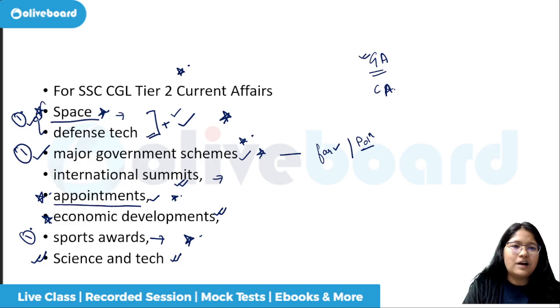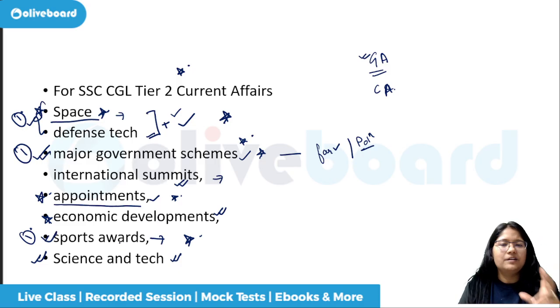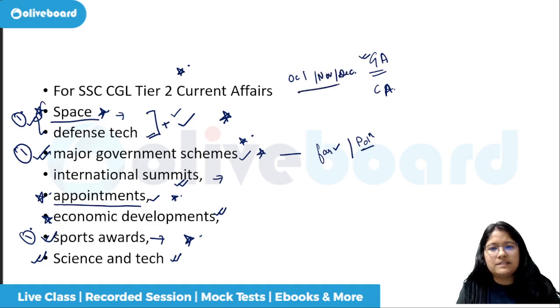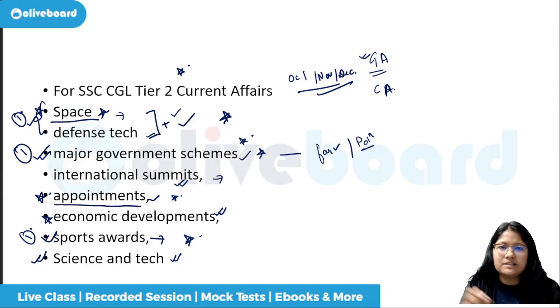So you can focus like this, and whatever you have studied, you can give it a revision, at least the past 2 months, for November and December. I would say, if possible, 3 months: October, November, December. Whenever you were reading this, you must have highlighted the points.